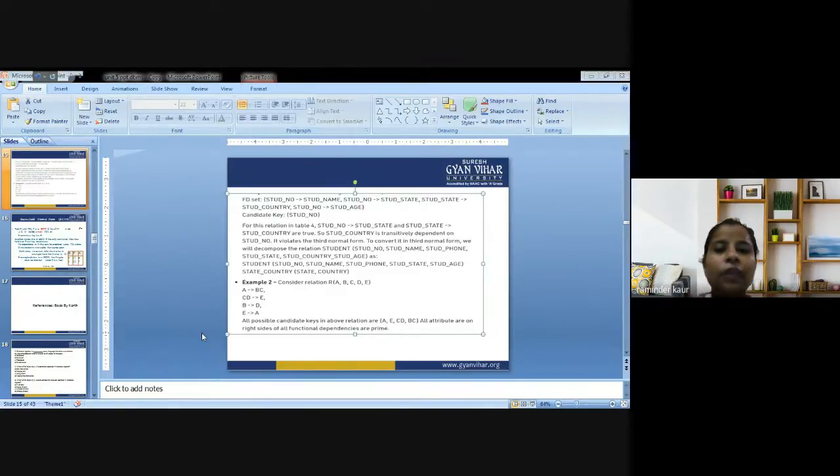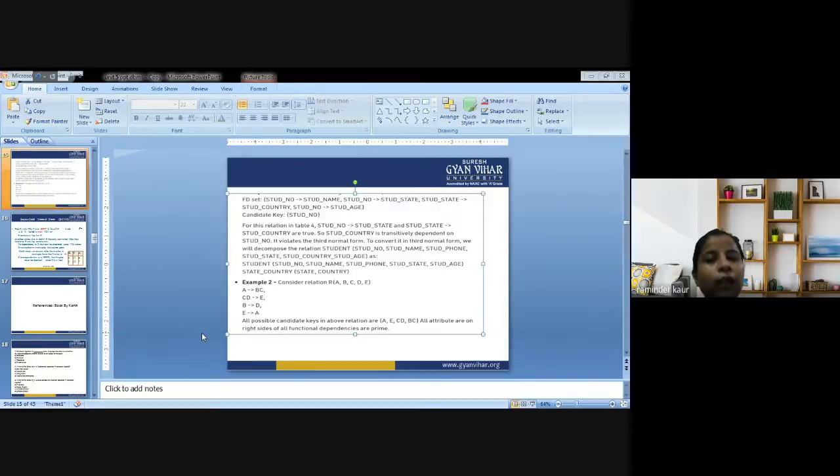Consider any relation R in which there are five attributes A, B, C, D and E. A is deriving BC, CD collectively determine E, B is deriving D, and E is deriving A. So all the possible candidate keys in the above relation are A, E, CD, BC.